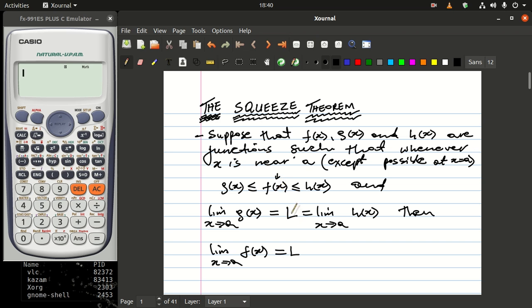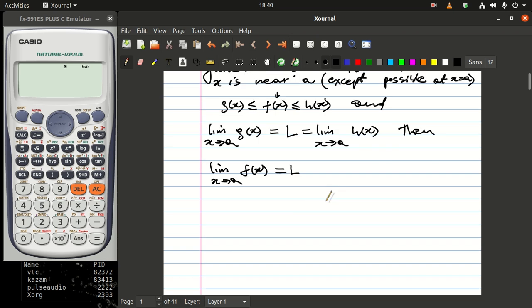In general, if this is approaching L and this is approaching L, the value between L and L is supposed to be L.